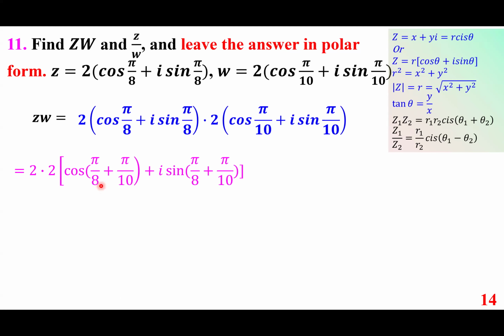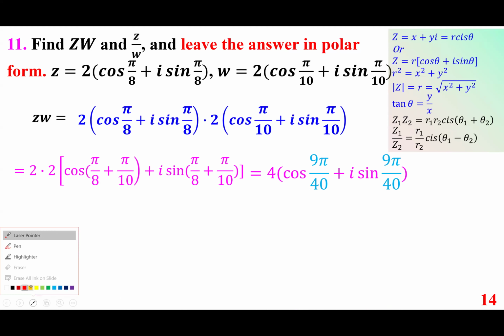The common denominator is 40. This is 5 pi over 40. This is 4 pi over 40, makes it 9 pi over 40.